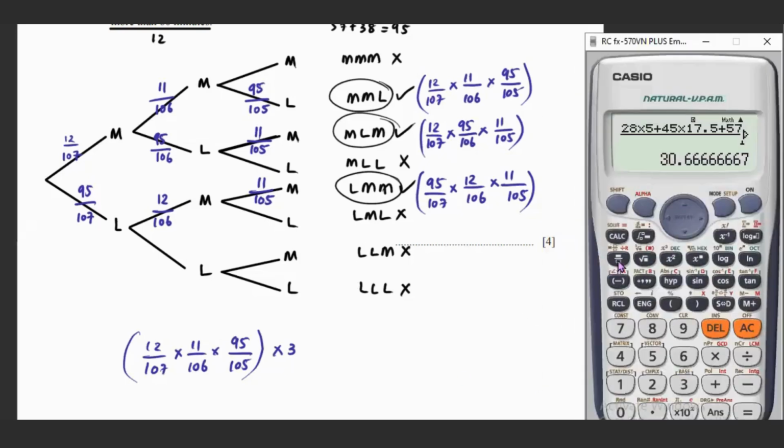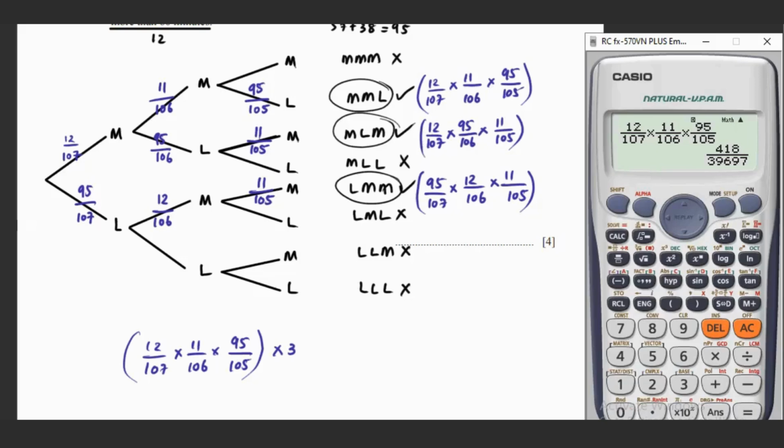So I'm going to put this in the calculator. The first fraction is 12 over 107. I need to times it with the next one, which is 11 over 106. Then the next one is going to be 95 over 105. I'm going to find what I get. This is what I have.